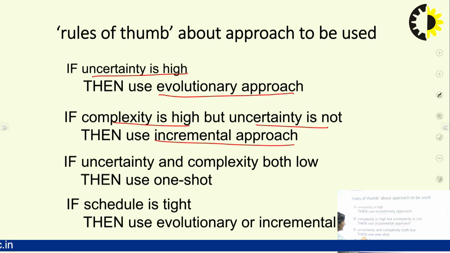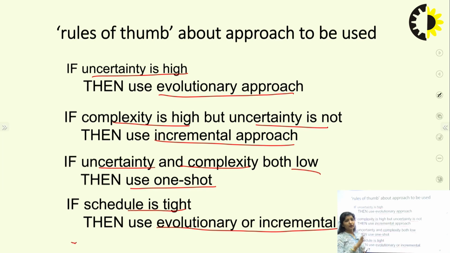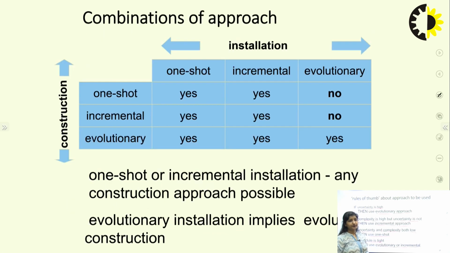If the uncertainty and the complexity are both low, then we can use the one-shot approach, where in a single go I can make the whole project. And if the schedule is tight, then we can use the evolutionary or incremental model. So this is the rule of thumb which we can follow to develop any project.